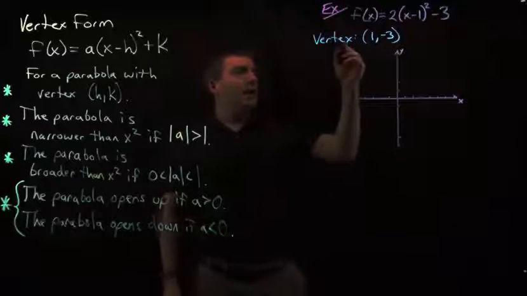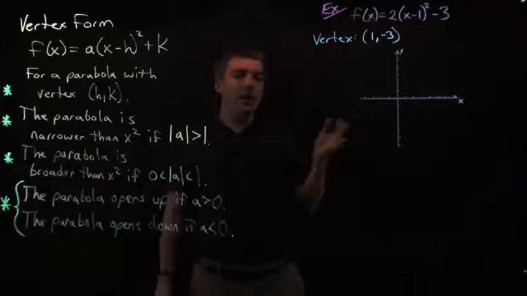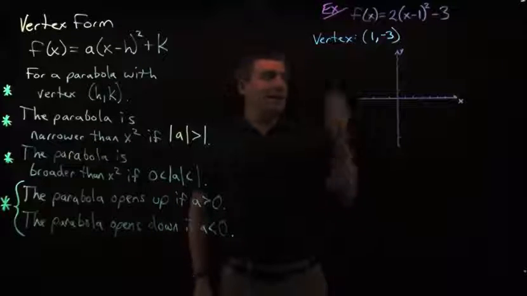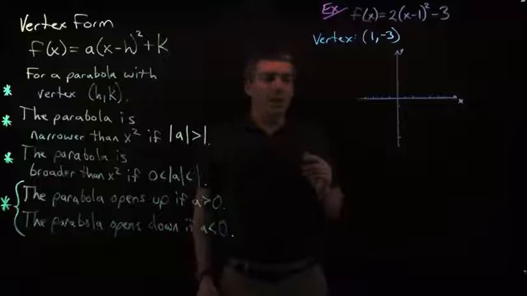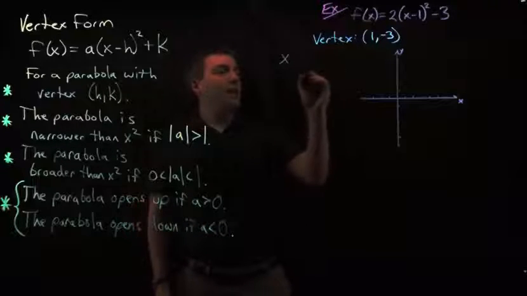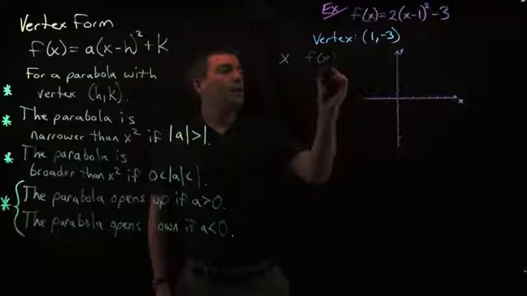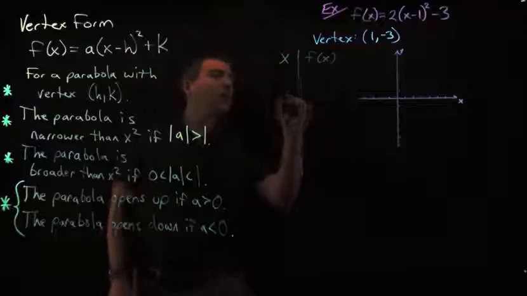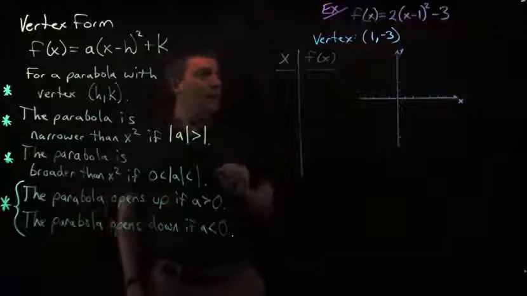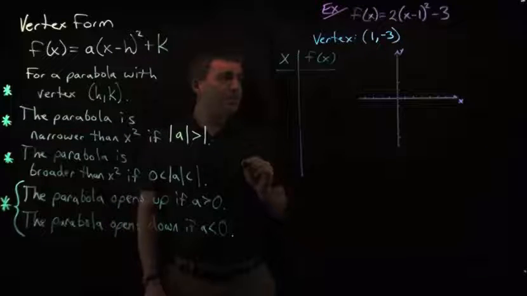I'd like to go ahead and take this quadratic function and plot it as we've done before, and verify that the vertex is indeed at 1, negative 3. So let's start out with x, and then we'll have our f of x. And we'll plug in some x values.